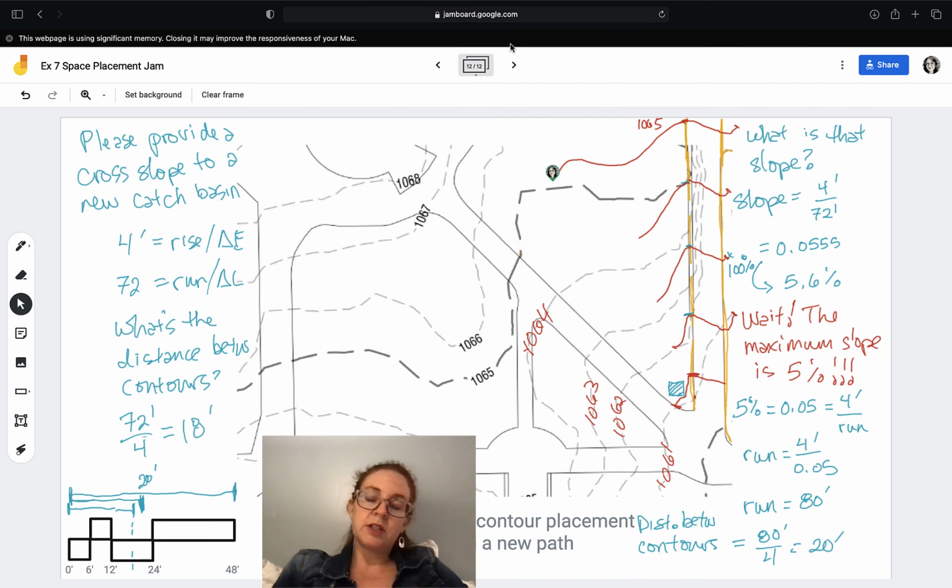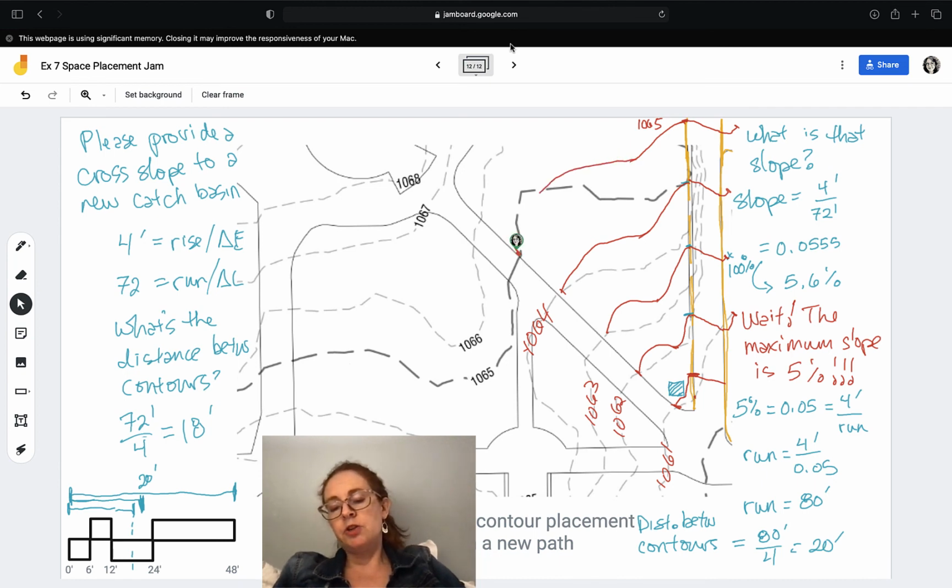And I do this all the time. This is just the process of landform design. You do something and then you take a look at it and you realize that maybe you can be even gentler with how you're treating the landform. And then you're creating something that may not even necessarily read as a swale after all.